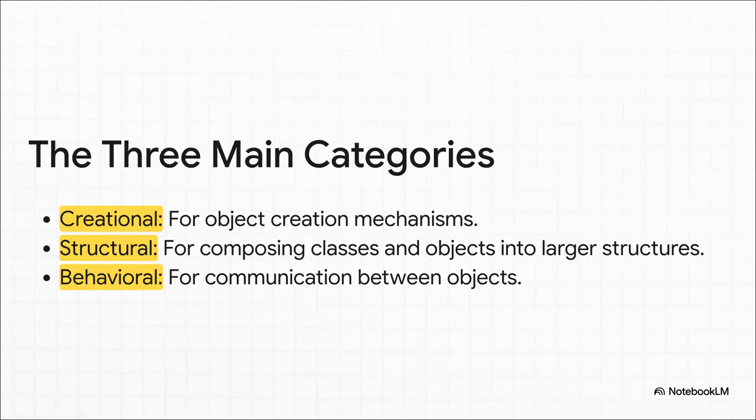It all comes down to just three main categories. First, you have creational patterns. As the name implies, these are all about the best ways to create objects. Then you have structural patterns, which are about how you assemble objects and classes into bigger, more flexible structures. And finally, you have behavioral patterns, and these guys are focused on how objects can communicate effectively and share responsibilities.